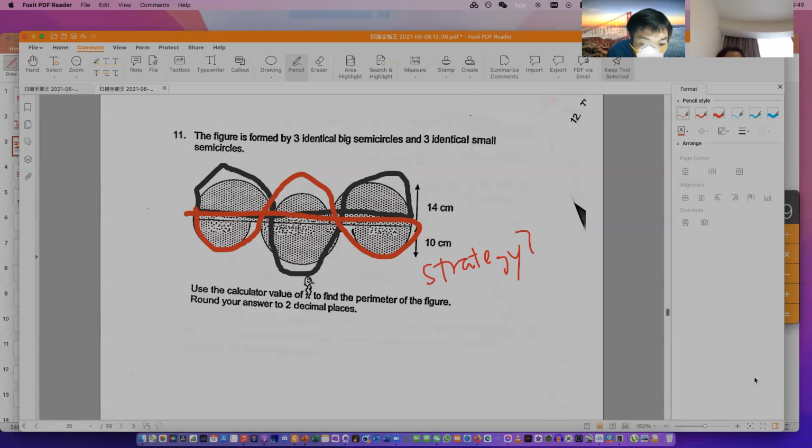Pi. Okay, so I understand your red color and the black color, but how do you account for the gap here? I think the main thing is how do you account for the gap here? How do you get this? 28 plus 28 plus 20 minus 20 minus 20 minus 20.